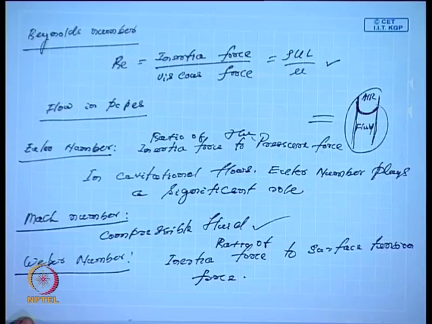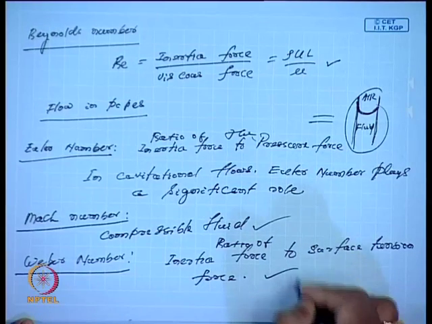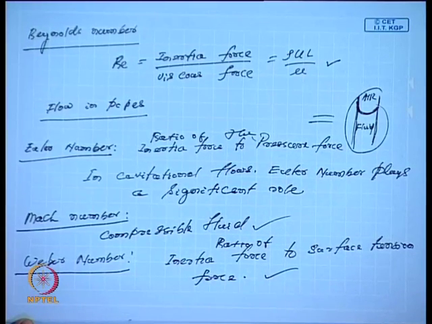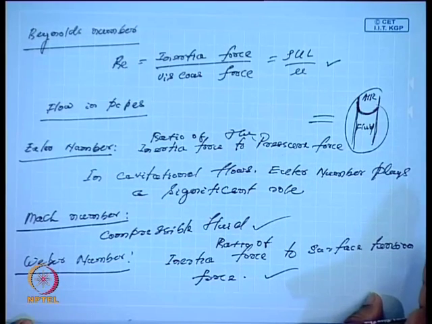Particularly in physical model testing for a channel or for a harbor, these forces play a very important role. Here the viscosity is not that important compared to the surface tension effect.